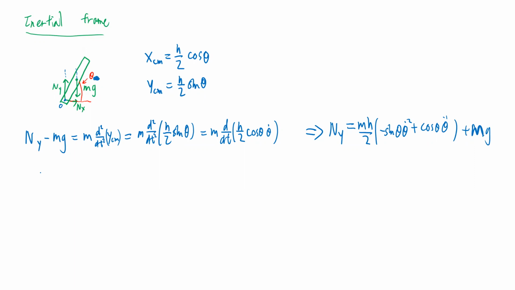Okay, so now the horizontal direction. Just Nx alone. That would be m times the second derivative of the x position of the center of mass, like this.